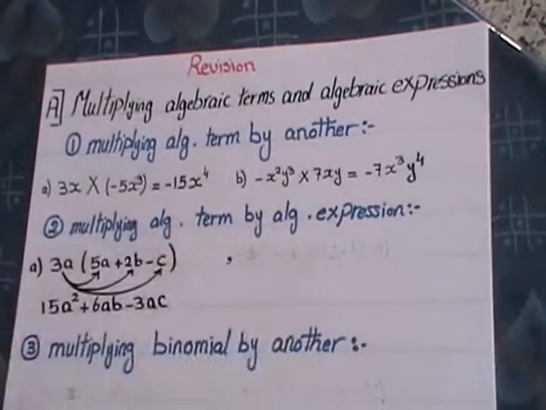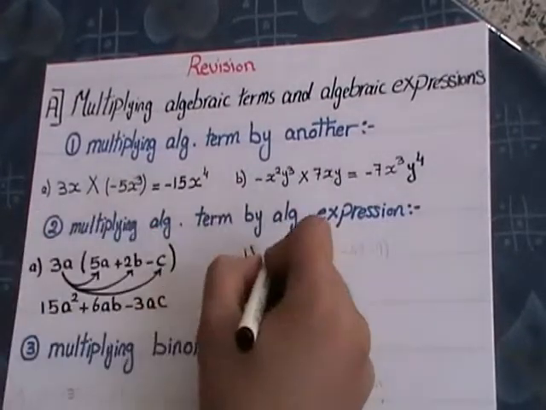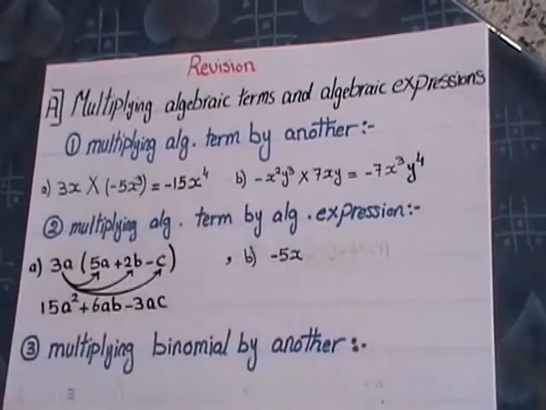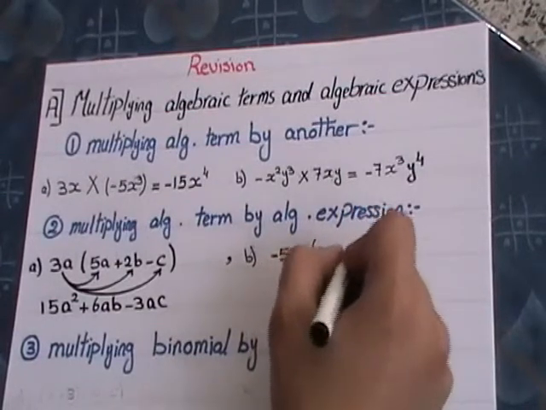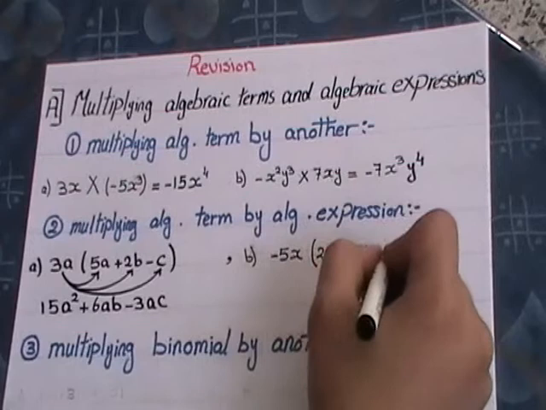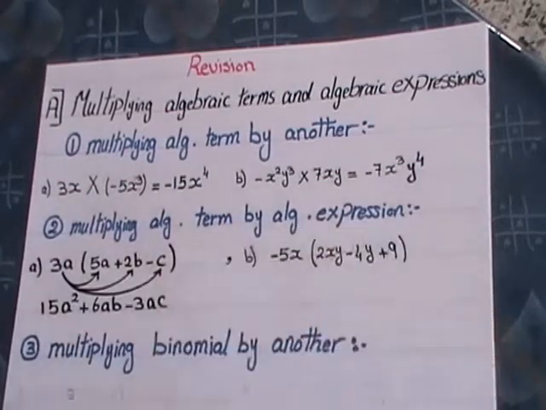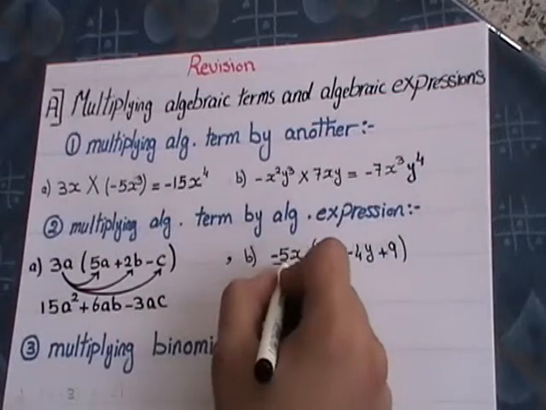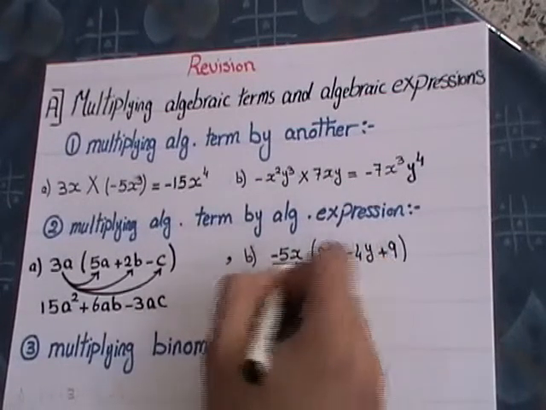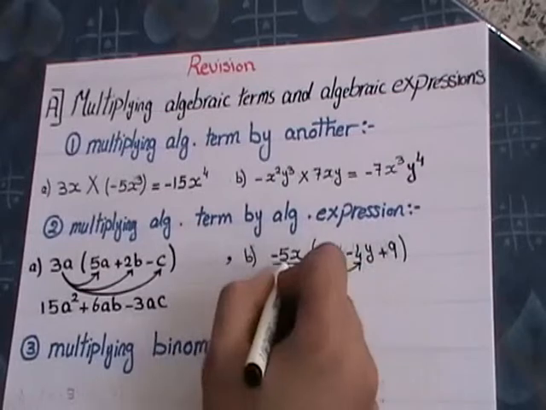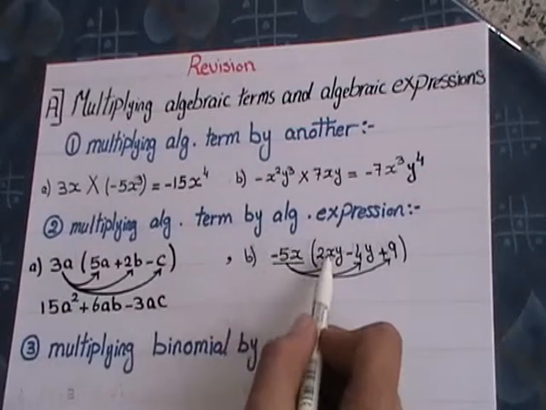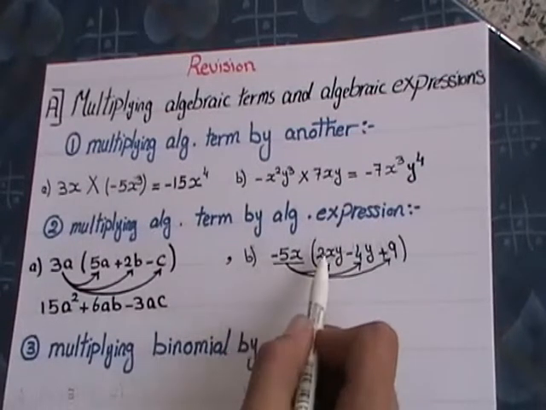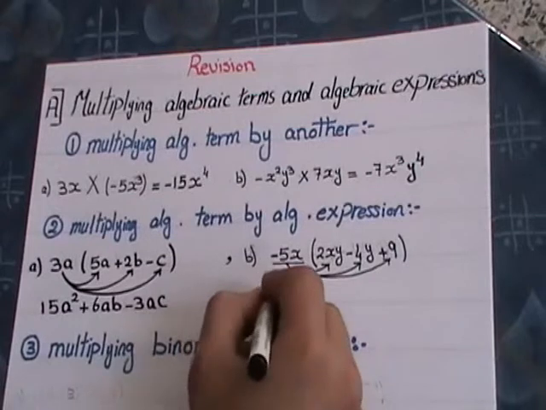Another example. If we go to example B, we have an algebraic term which is negative 5x, and an algebraic expression which consists of 3 terms, 2xy minus 4y plus 9. Then, in the same way, we start with the first term in the expression, then the second term, then the third term. Negative 5x times 2xy, negative 5 times 2 equals negative 10.